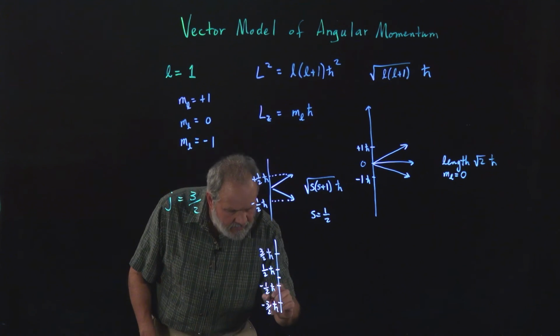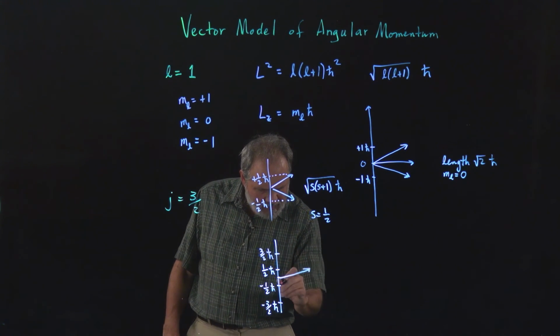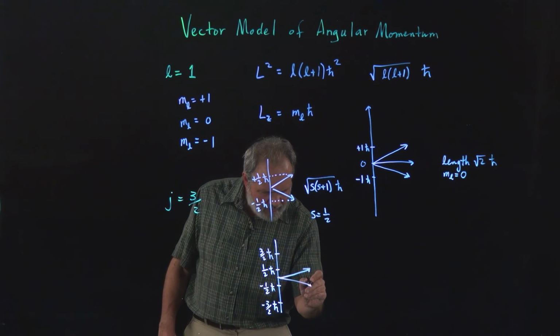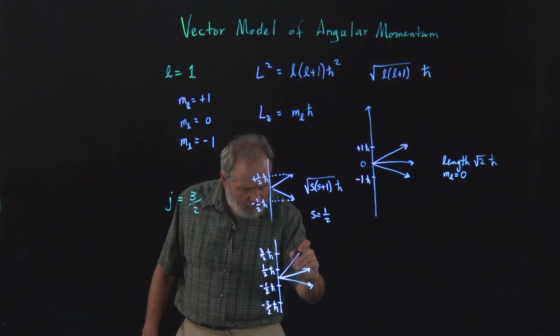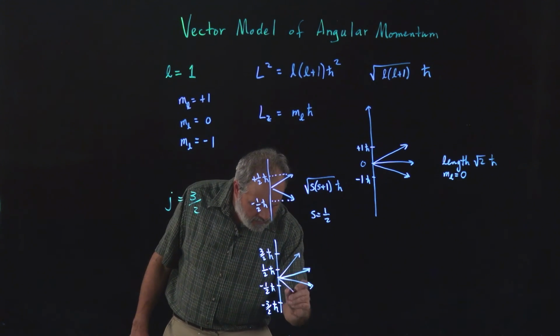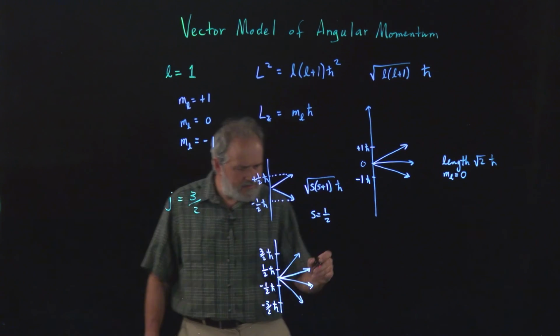No integers, okay? So the origin, so you have one pointing that way, one pointing that way. Again, none exactly to the side. And then one pointing this way, and one pointing that way. Okay, and trying to get their lengths all more or less the same.